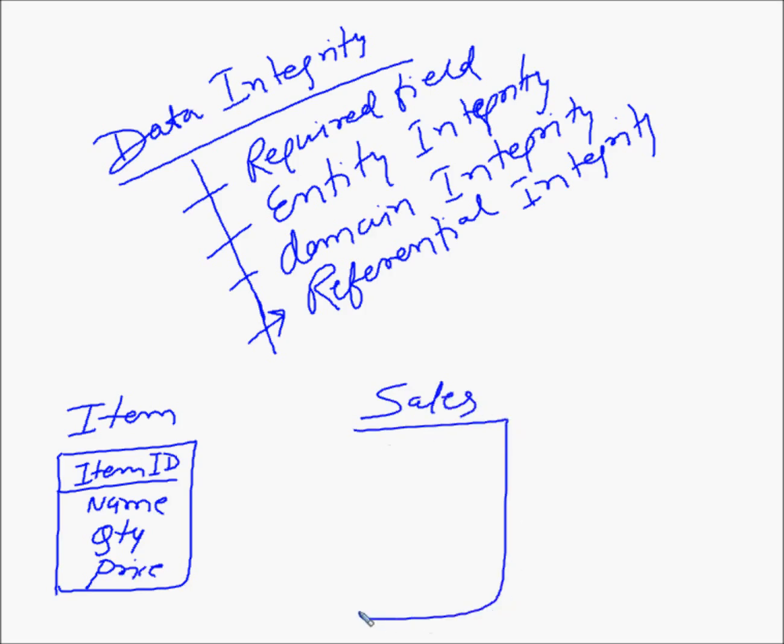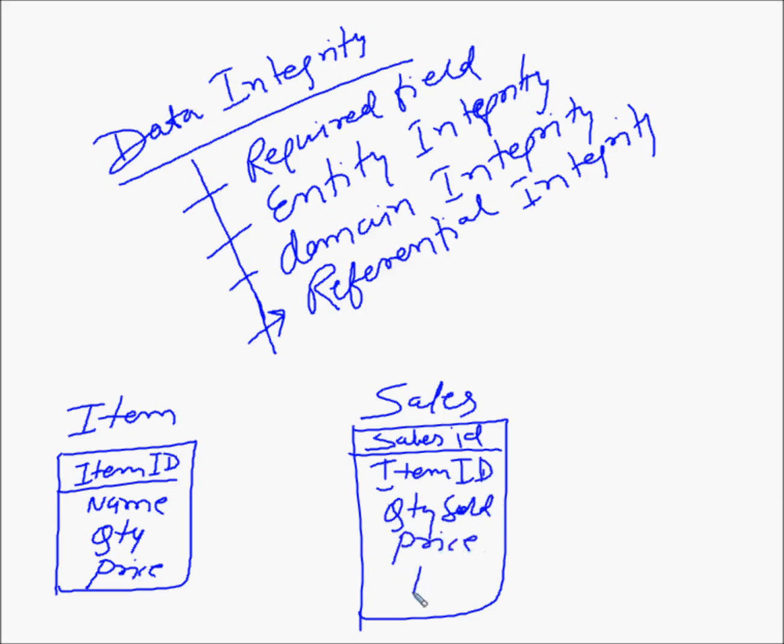In the sales table, I have columns: sales ID, and then item ID, quantity sold, okay, and then I can say price, something total, and something tax, and grand total something.